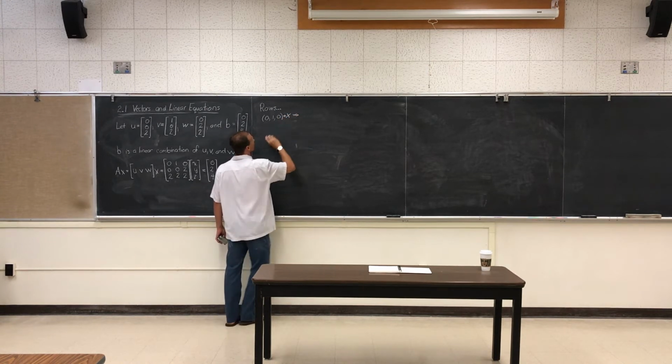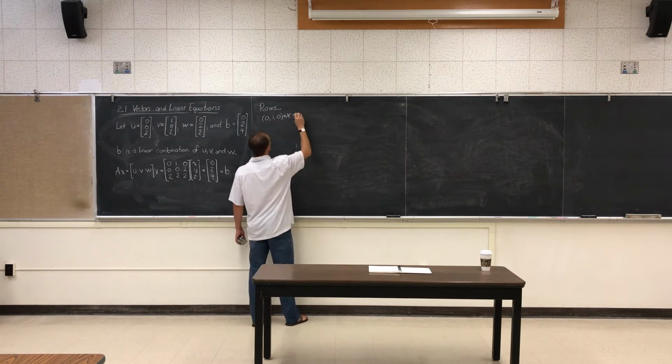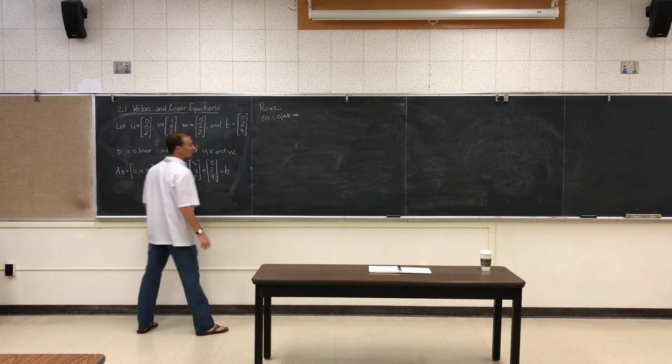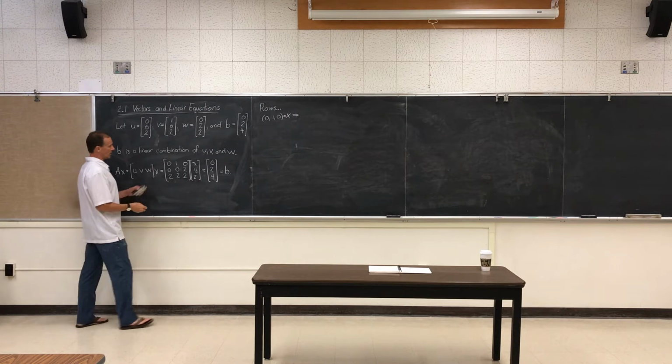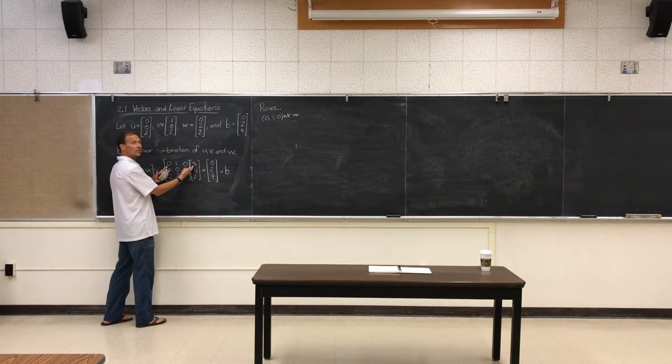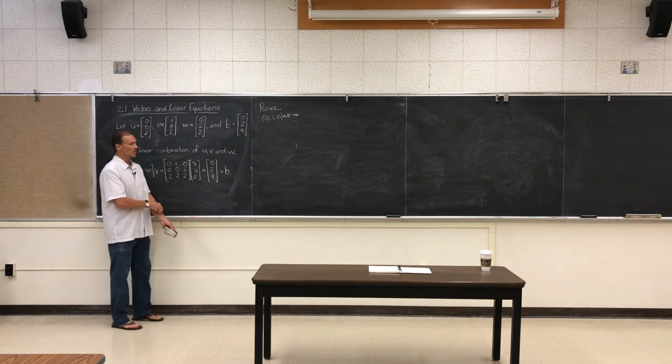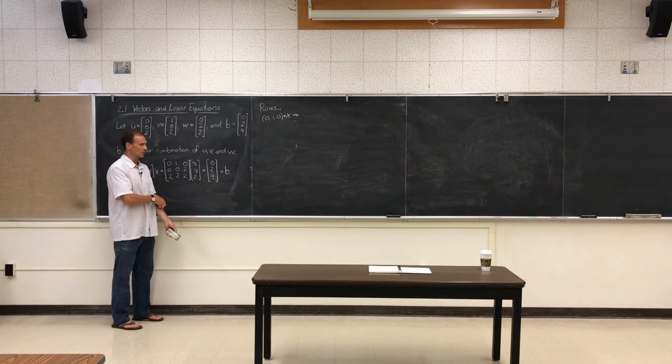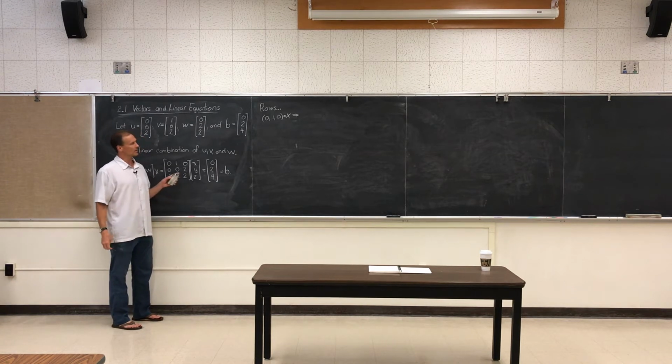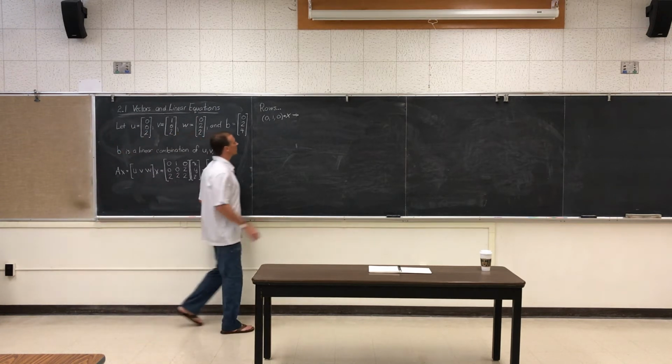So you're going to get 0 times x plus 1 times y plus 0 times z. Normally we wouldn't write 0x and 0z, but I'm going to write them because it helps to see the system of equations that develops.